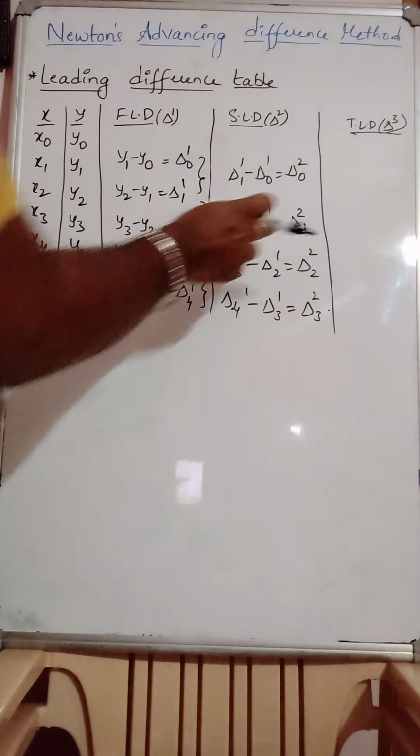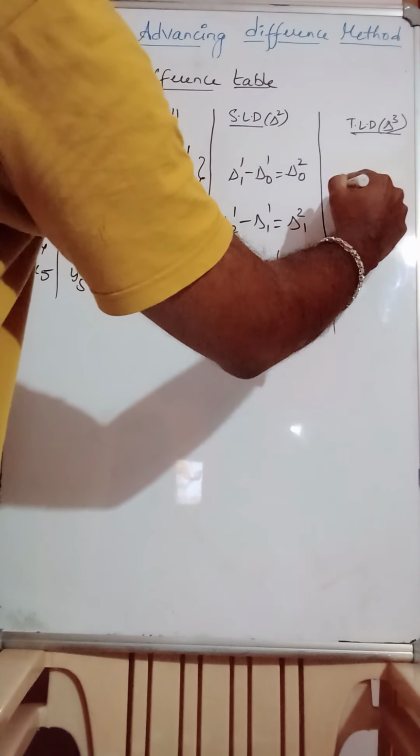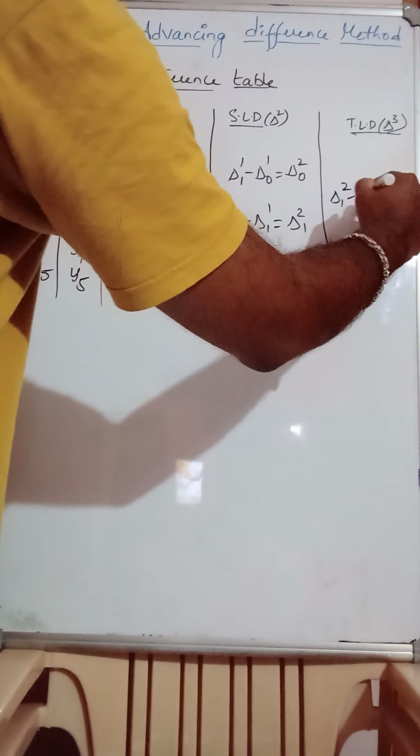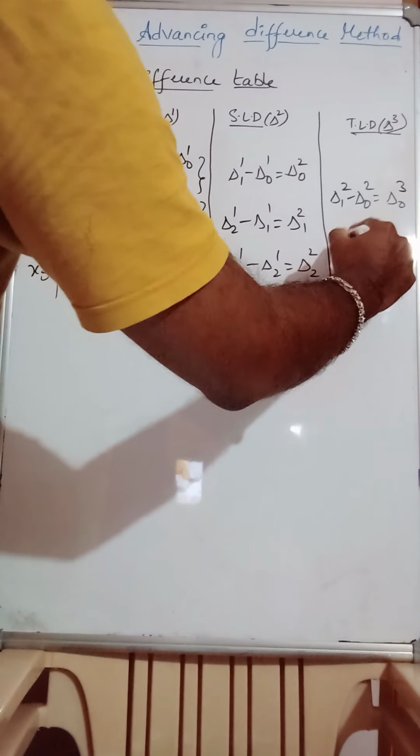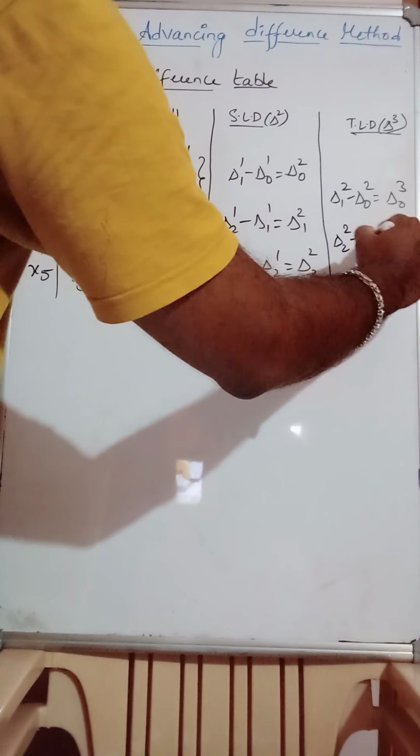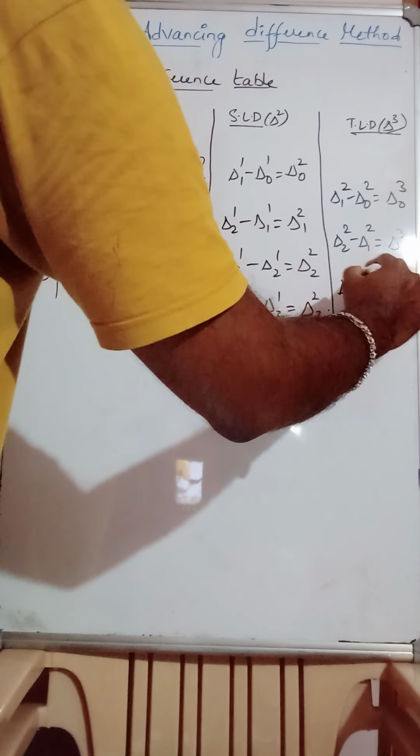Remember. Now again leading differences. Delta 1 2 minus delta naught 2. This will become delta naught 3. Next here, delta 2 2 minus delta 1 2. This will become delta 1 3. Delta 3 2 minus delta 2 2. This will become delta 2 3.